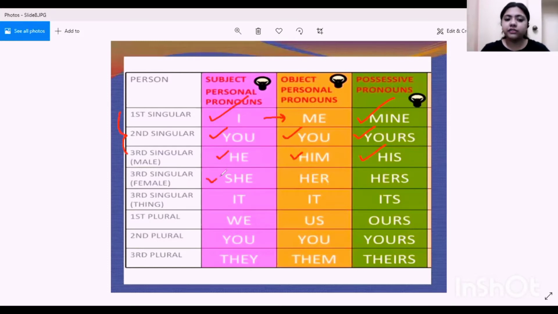We use she for a girl or a woman or a female. Then we use her when it is used in place of an object. Hers is used for possessive pronoun. Now, third person singular, but when it is used for a thing, it is used in place of the subject. It is again used in place of an object, and its is used when we use it in the form of a possessive pronoun.